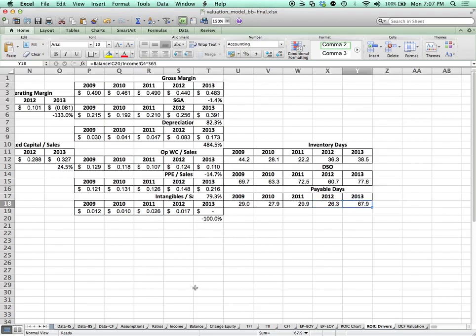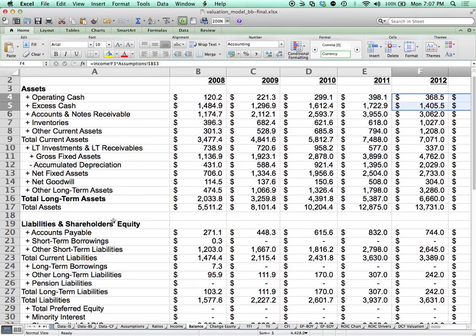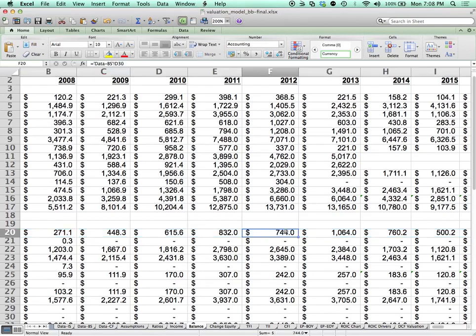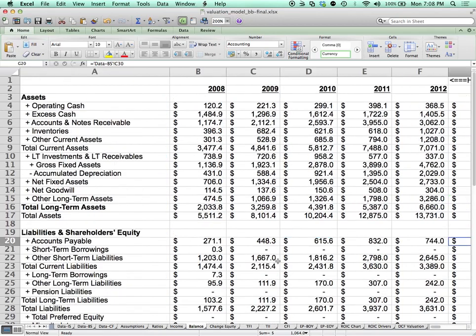You can see it on their absolute balance sheet, right here under accounts payable, which went up dramatically from $740 million to $1 billion, and then some other stuff in the short term. But that was the point. They absolutely had less inventory.